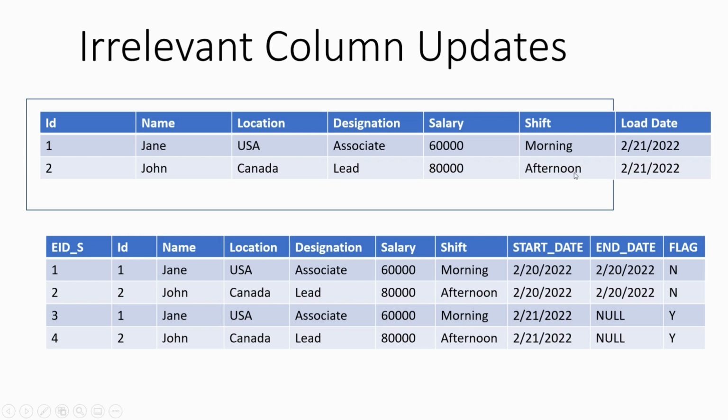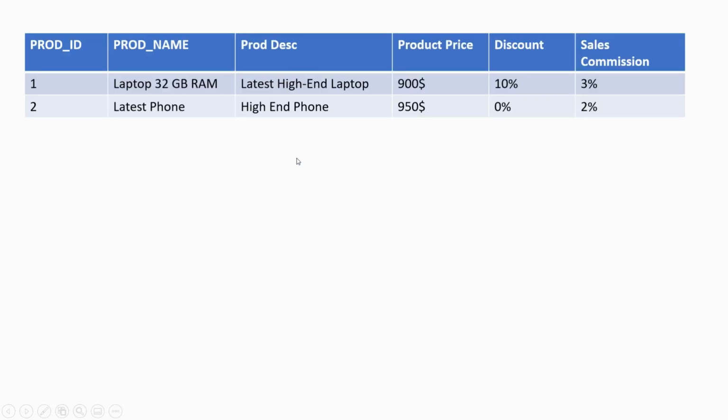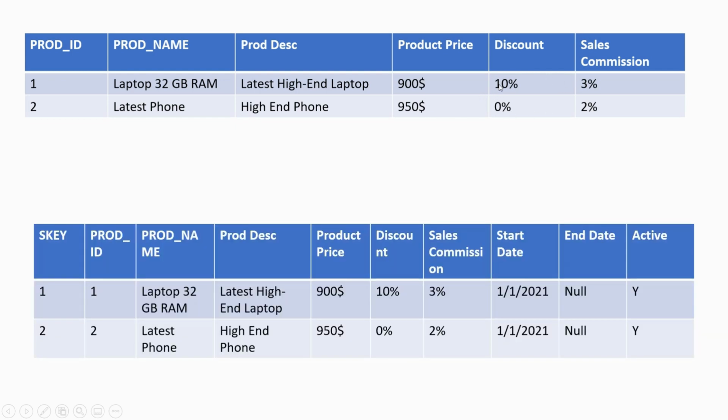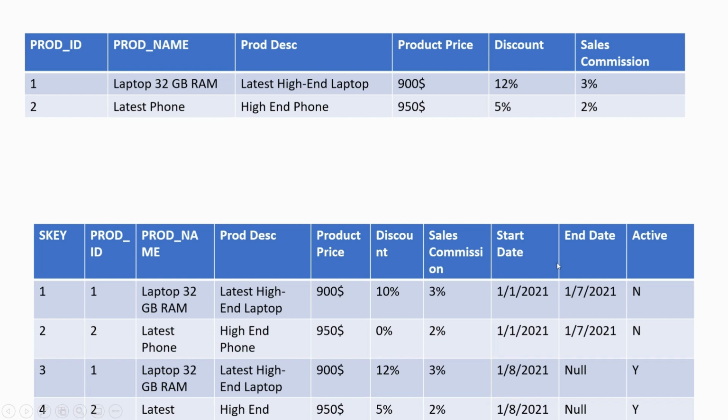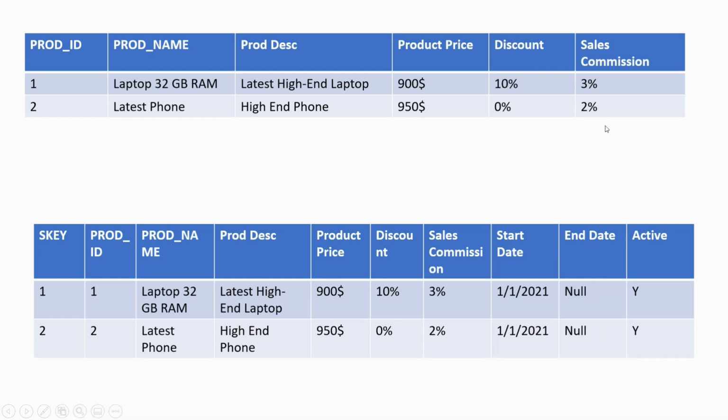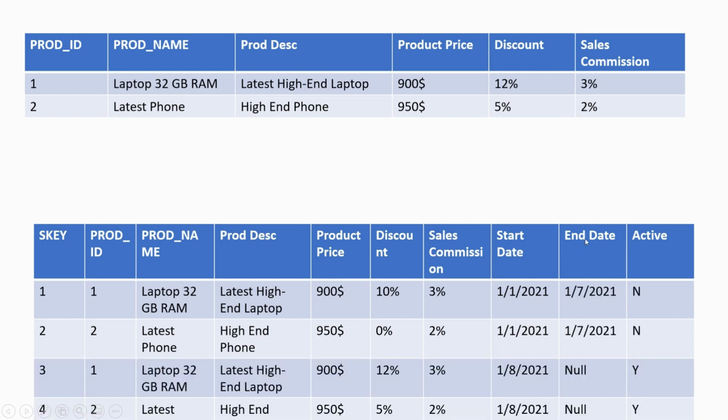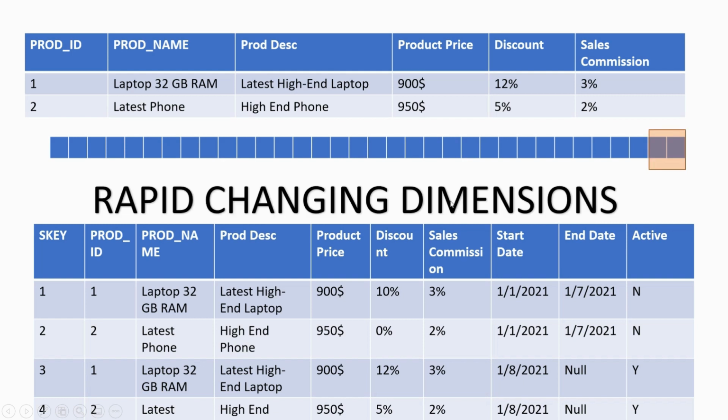Now there is also a possibility that we have an attribute from source which changes frequently, almost in every run. This can again lead to a huge increase in our records every day, and this can make our dimension table huge in size. Such dimensions are also referred to as rapidly changing dimensions. Try to see if you have any such columns which change often.